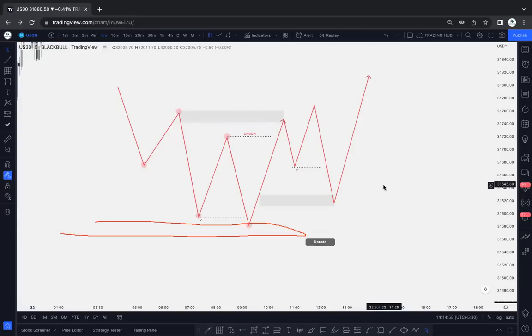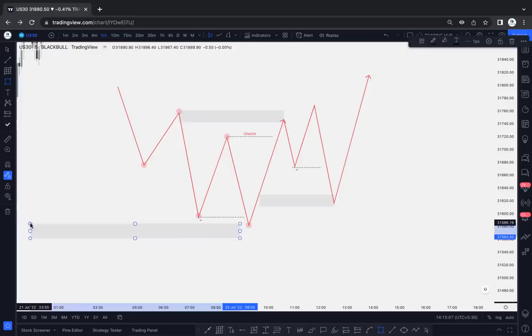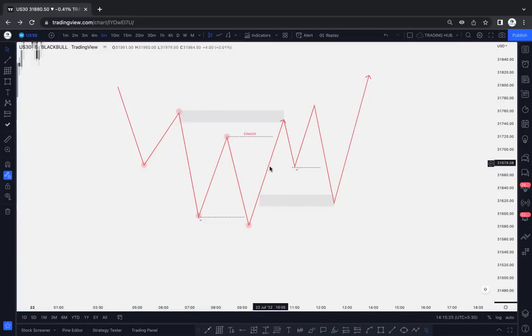If the left side has a demand here, and it mitigates this demand, then this becomes our chop. Why? Because the market taps on the higher time frame demand, and this is a chop and pushes higher. If it does not tap on this demand and the market pushes higher, then this chop becomes our inducement.